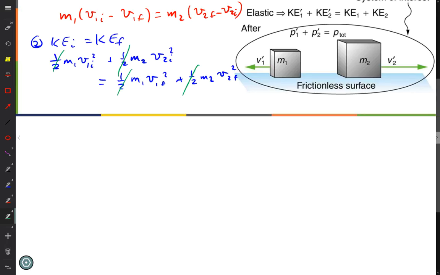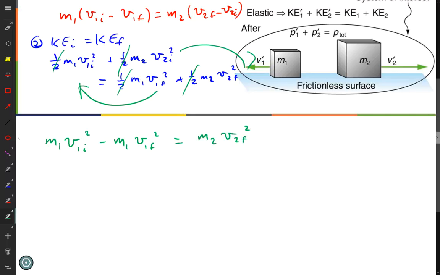So I'm going to move terms across. So I have M1 V1 initial squared minus M1 V1 final squared equals M2 V2 final squared minus M2 V2 initial squared. And as before, I'm going to factor out the M1 and M2.